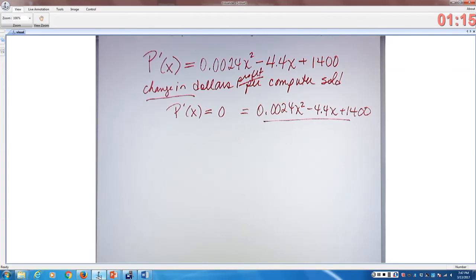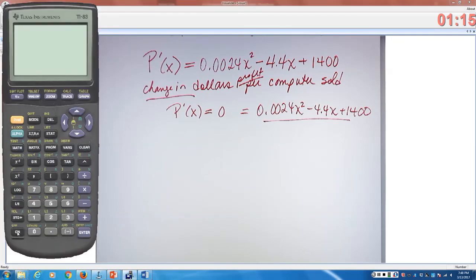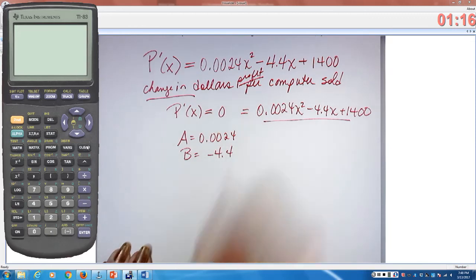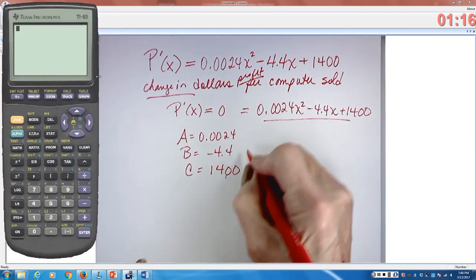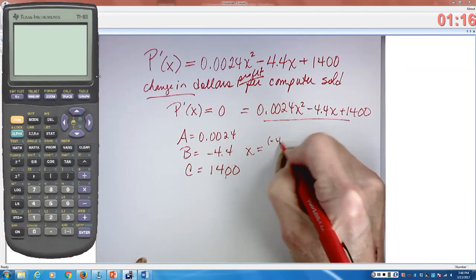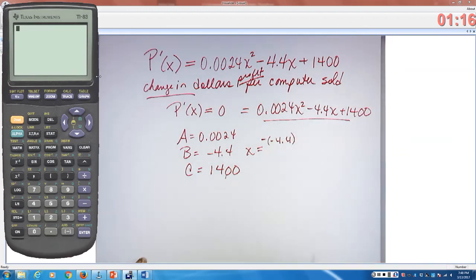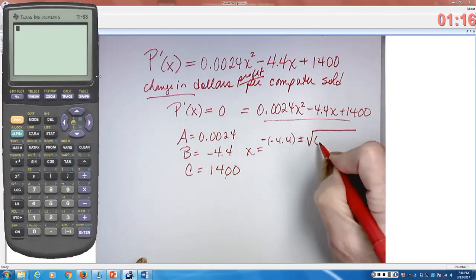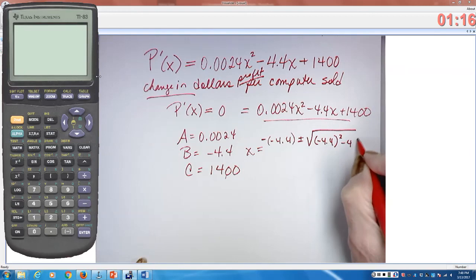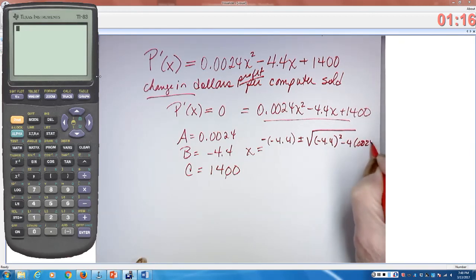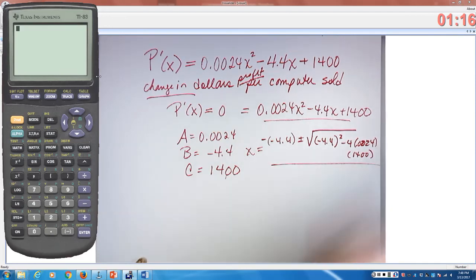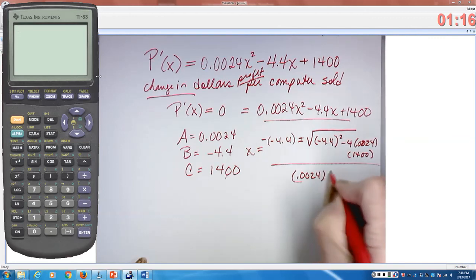I sure don't. So I'm going to say A is equal to 0.0024 and B is equal to negative 4.4 and C is equal to 1400, and X is equal to negative 4.4, and take its opposite, plus or minus the square root of negative 4.4 squared minus 4 times 0.0024 times 1400, and divide the whole thing by 0.0024 times 2.